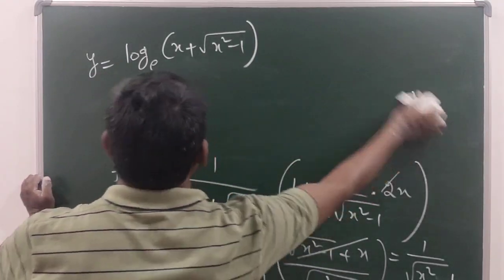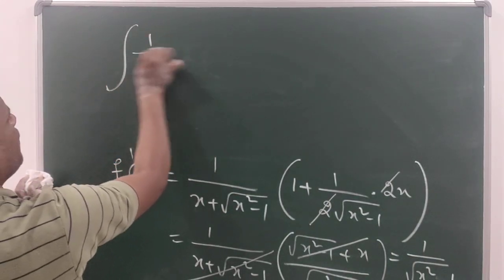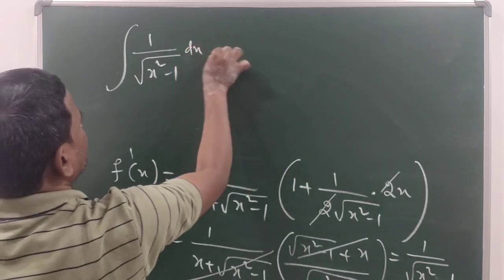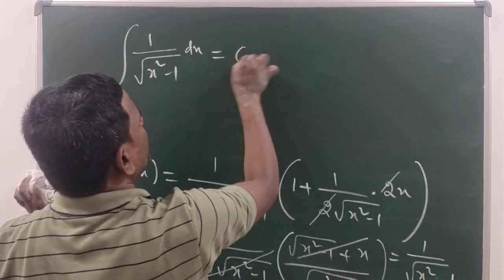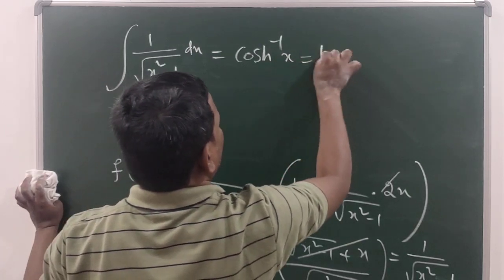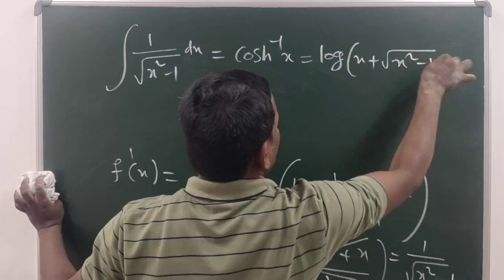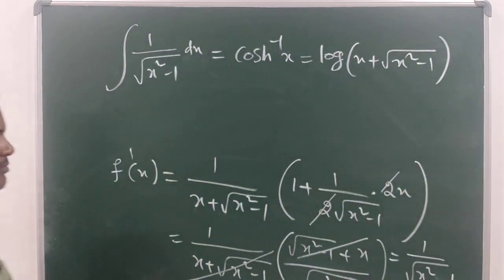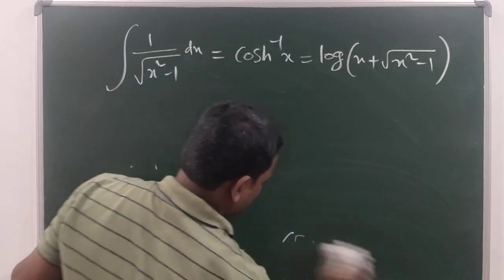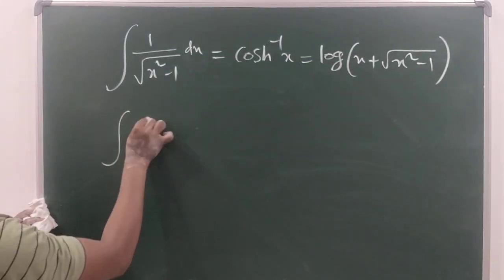Suppose if you want to see whose integration, so the integral of 1 by root x square minus 1 dx is equal to, what do you write? Cos h inverse of x or log of x plus root x square minus 1. Sometimes in the place of 1 they will write a.